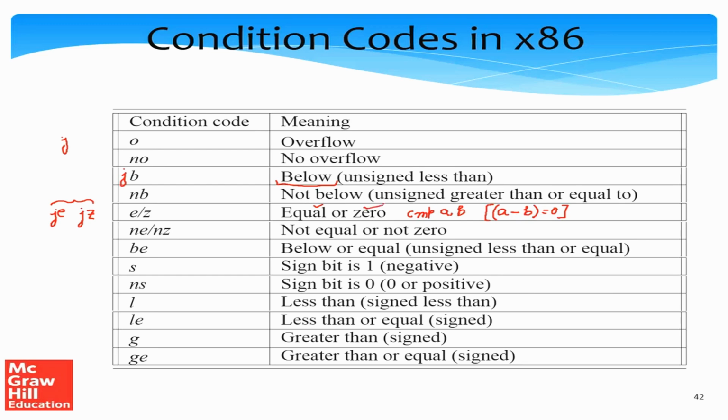So equal or 0 is sort of the same condition. There are other flag setting instructions as well. So essentially there we see the value of the result. If the result is 0, this particular flag will be set. So the opposite of E and Z is NE and NZ. So we'll have two instructions JNE and JNZ which are also totally equivalent.